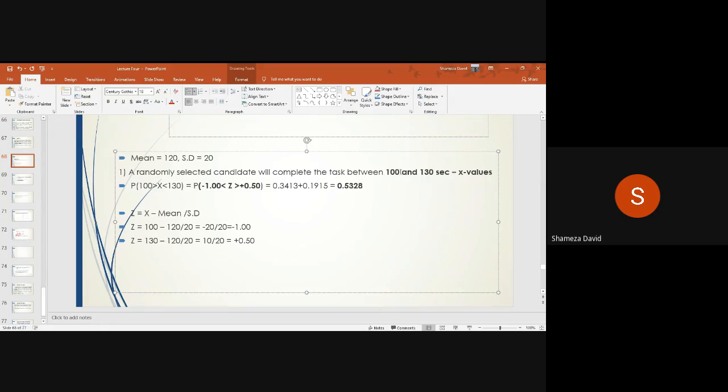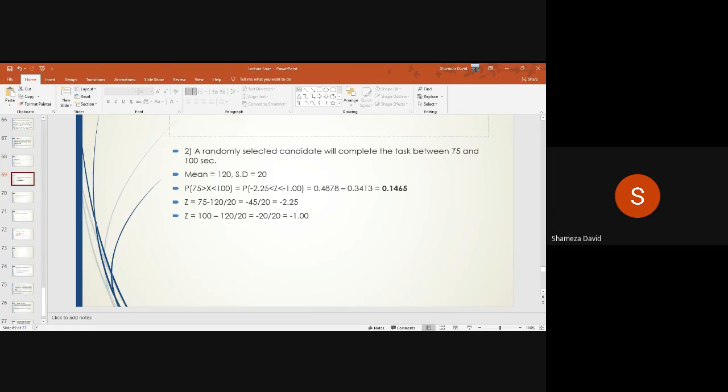We first convert the two x values to z values, and we found one to be -1 and one to be positive 0.5. When we go to our table, one value is on the left side and the other is on the right side. We want the total area, so we add the two values we got off the table: the 0.3413 to the 0.1915. This one was not so complex, because with two different areas you just add them and you get the total.